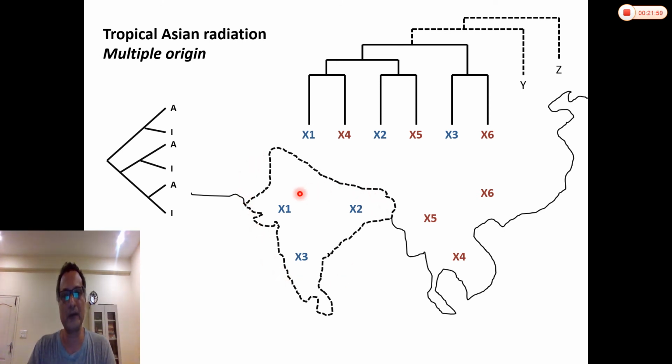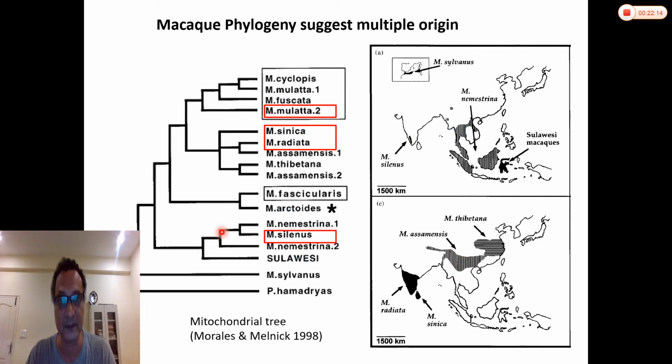Whereas, you could also have a situation where the species found in India do not all cluster together. So there have been multiple origins of that particular taxonomic group in India. And the example comes from macaques. If you look at langurs, it was a single origin. Macaques came more recently into India, but with multiple origins.